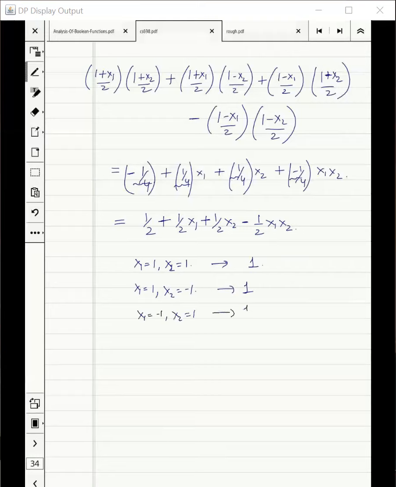If x1 equal to minus 1 and x2 equal to minus 1, I will get half minus half minus half and again a minus half. That will give me minus 1. So this should clear out your confusion. Our range was minus 1 comma 1, and this formula exactly gives me this because it is agreeing as real numbers, right?